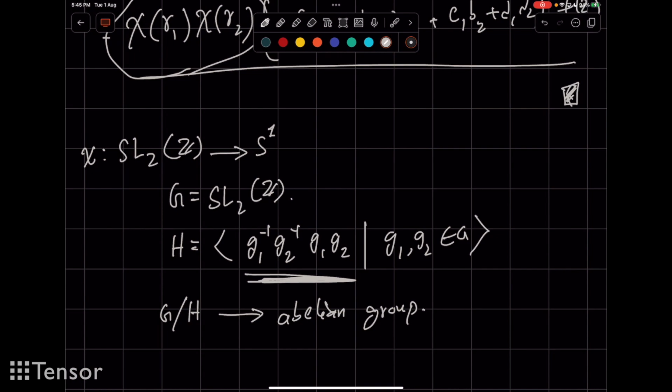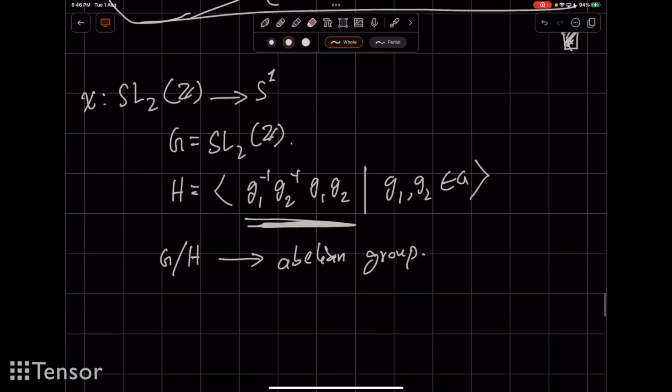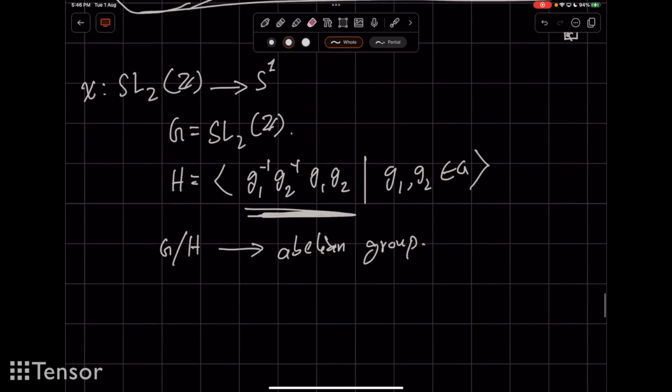I think this is called the abelianization of G. All right, so this is an abelian group. So how many elements are there in G over H? We're trying to answer this question. Again, do you have a guess?